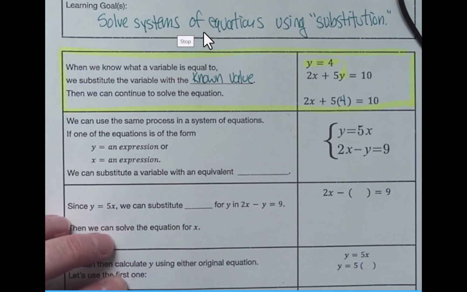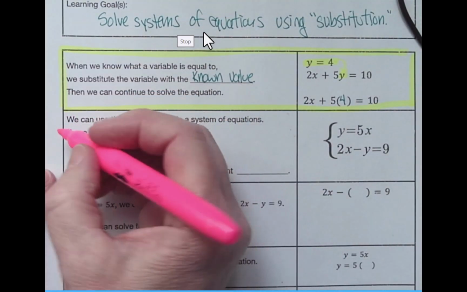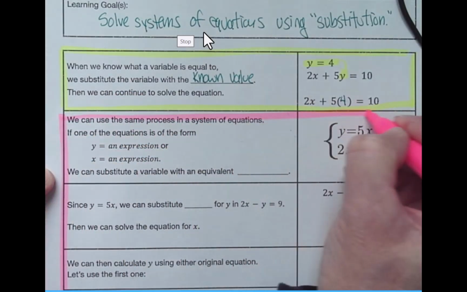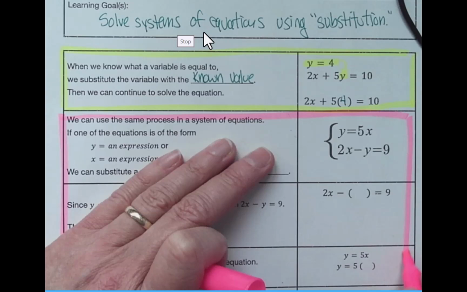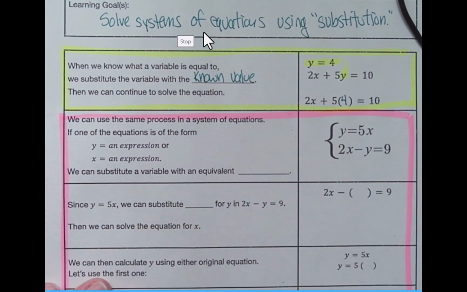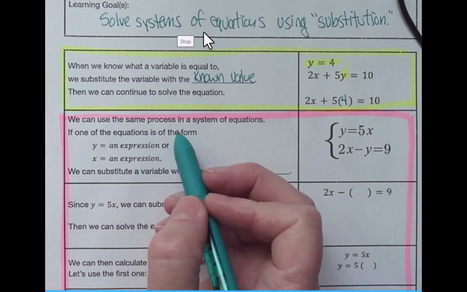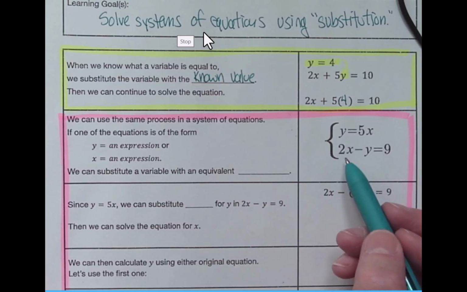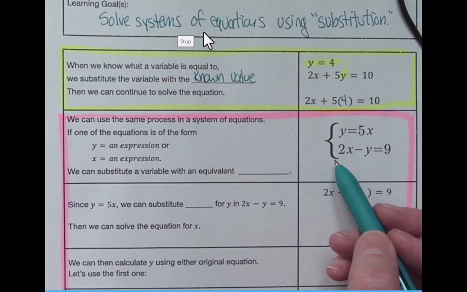Now, what's important to this lesson is that we're still just substituting what that variable is equal to. We just don't know it as a specific value. This is all the good new stuff that I'm highlighting in pink. So we can use the same process in a system of equations. I have a system of equations here. Here are 2 equations in the same variables.